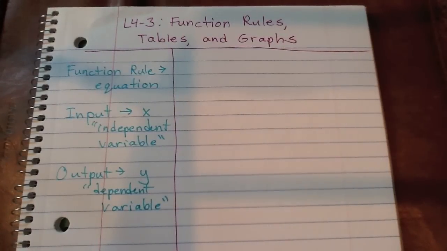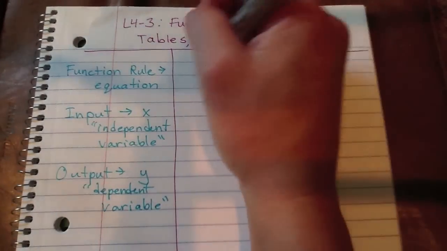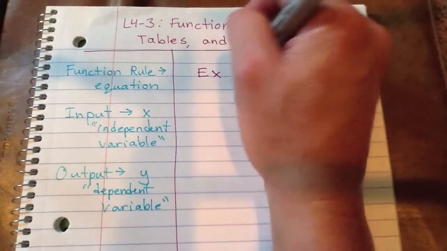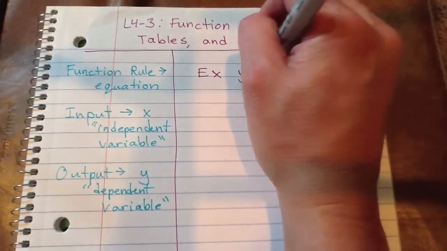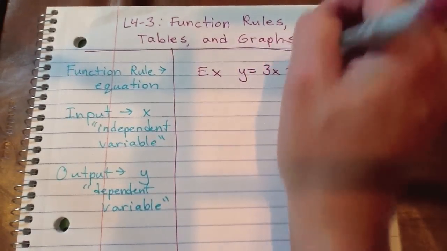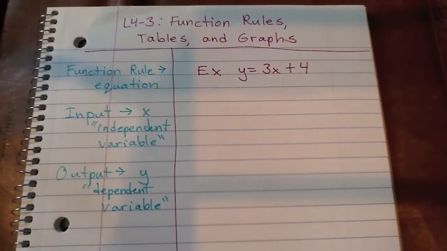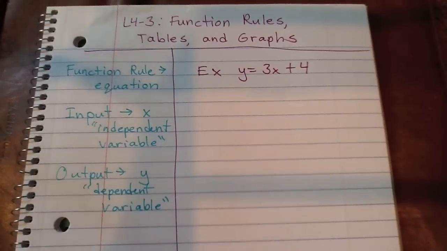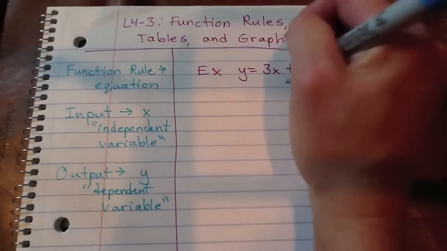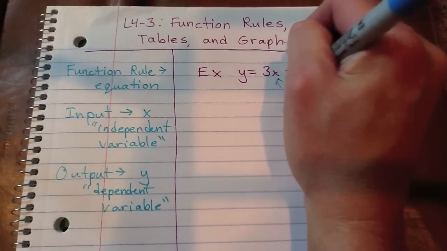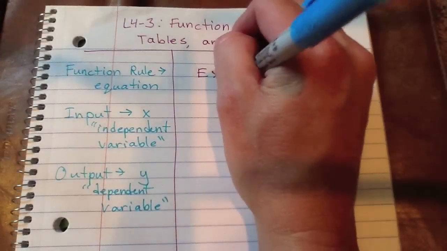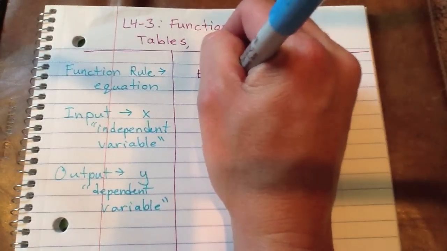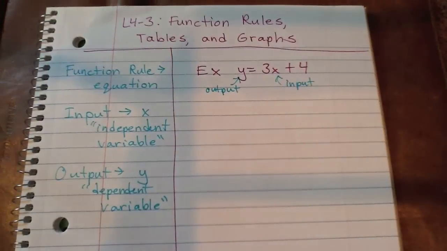So let's look at our first example. The example is y equals 3x plus 4. And they just want you to show the input versus the output. So, input right here determines your output. And the way that you're going to show that is using a table.